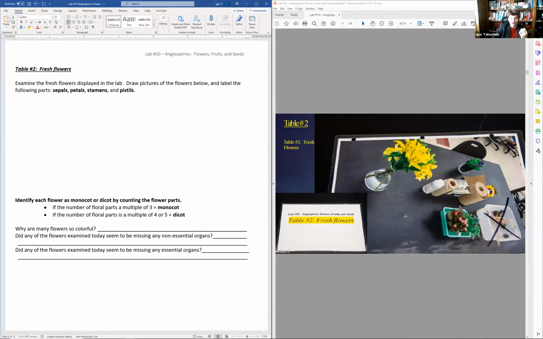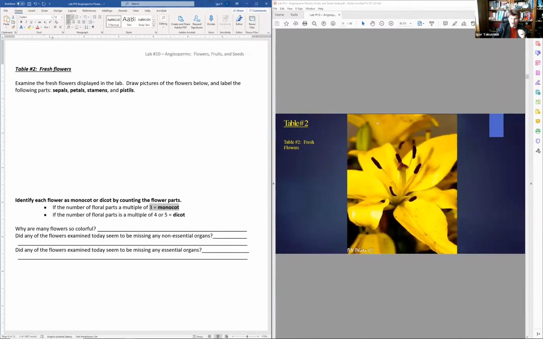In order to identify if it's a monocot or dicot, generally, a monocot flower will have multiples of 3, like petals 3, 6, 9, and so on. And for the dicot, it would be 4 or 5. And I'll show you the flower, and I'll tell you a little story.